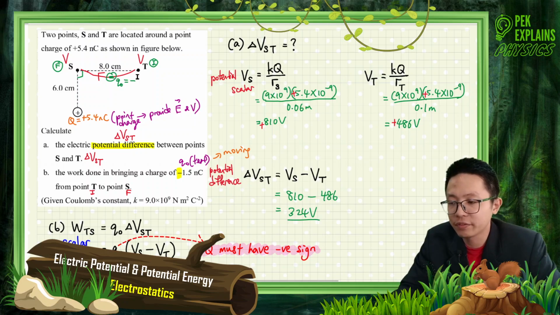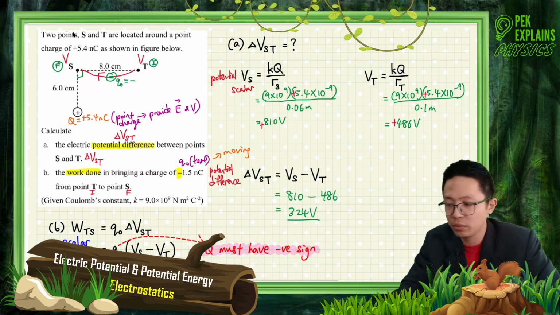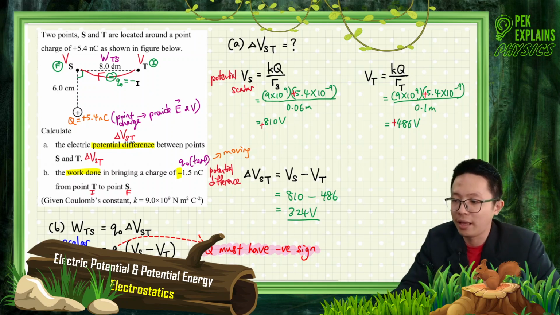I move the negative test charge from T to S. So the question asks to find the work done in doing so, to move this test charge from T to S.